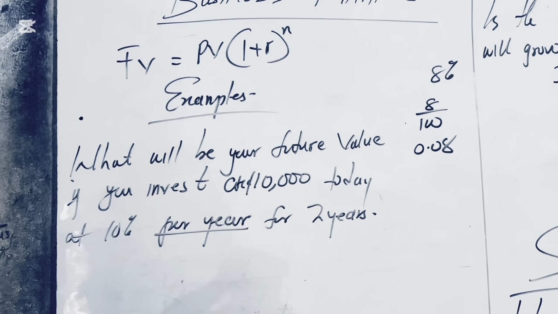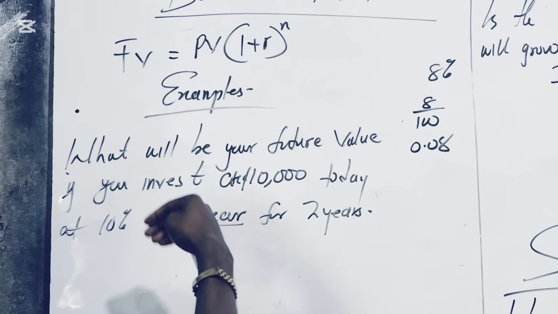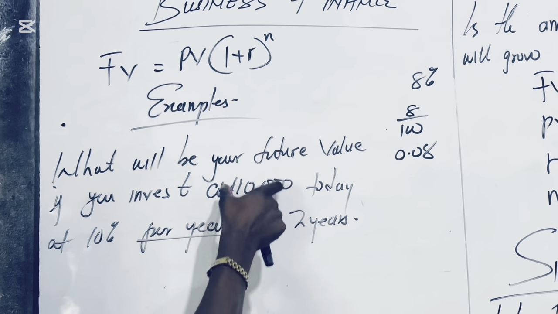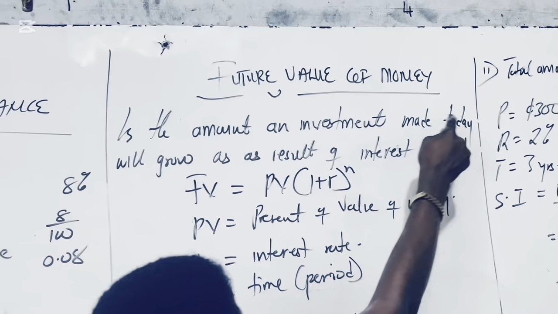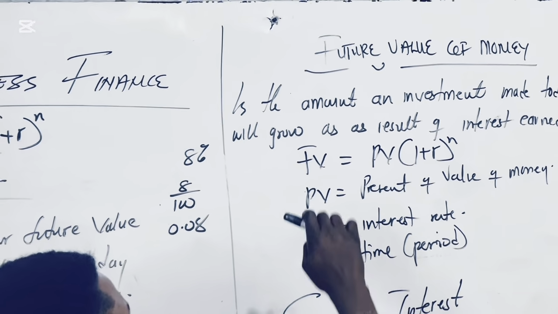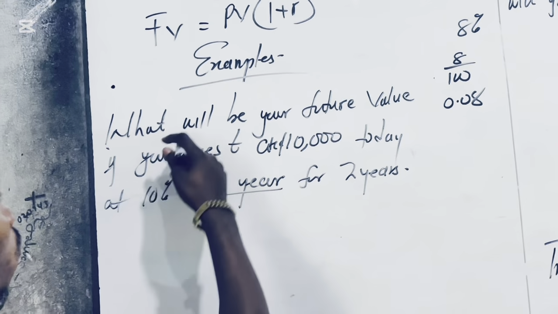So you see, this is a future value question. How do we know? Because they are asking you the future value of an amount of money you are investing today. An investment made today will grow. That is the future value.